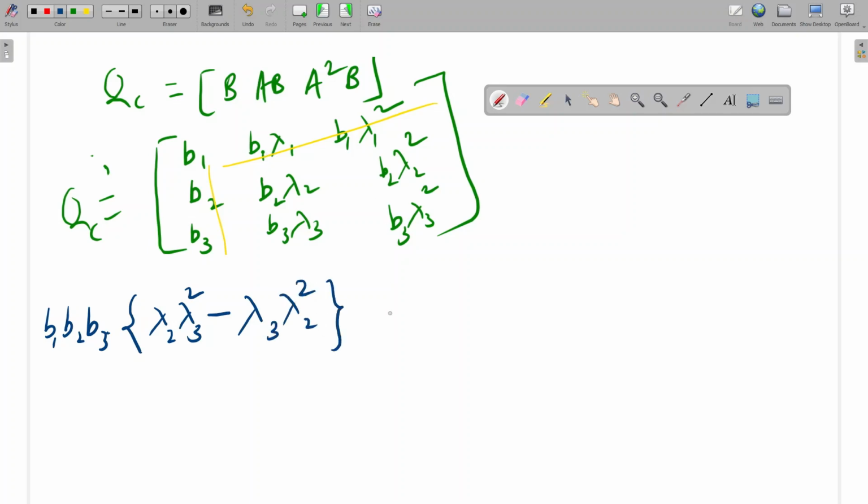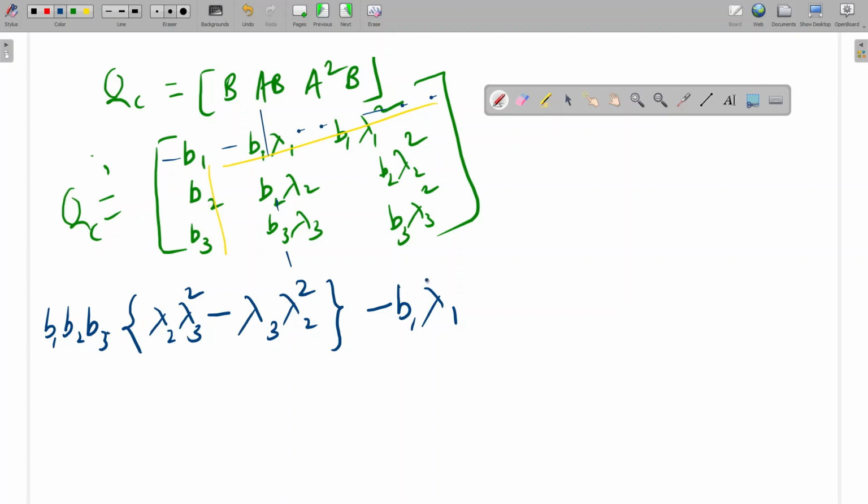Again I'm taking b1 lambda 1 common, so it will come like this: minus b1 lambda 1, correct? And the remaining term b2 b3 lambda 3 square, so b2 b3 will become common.